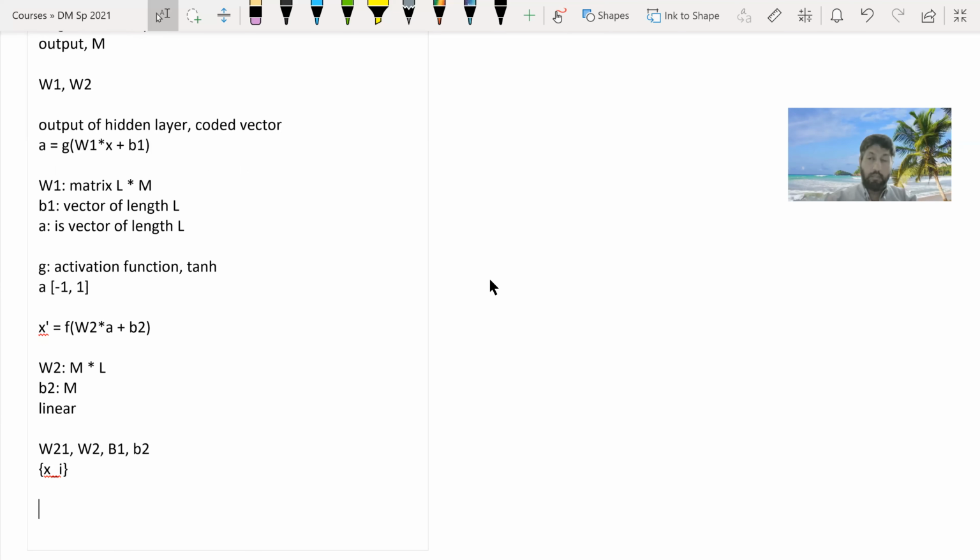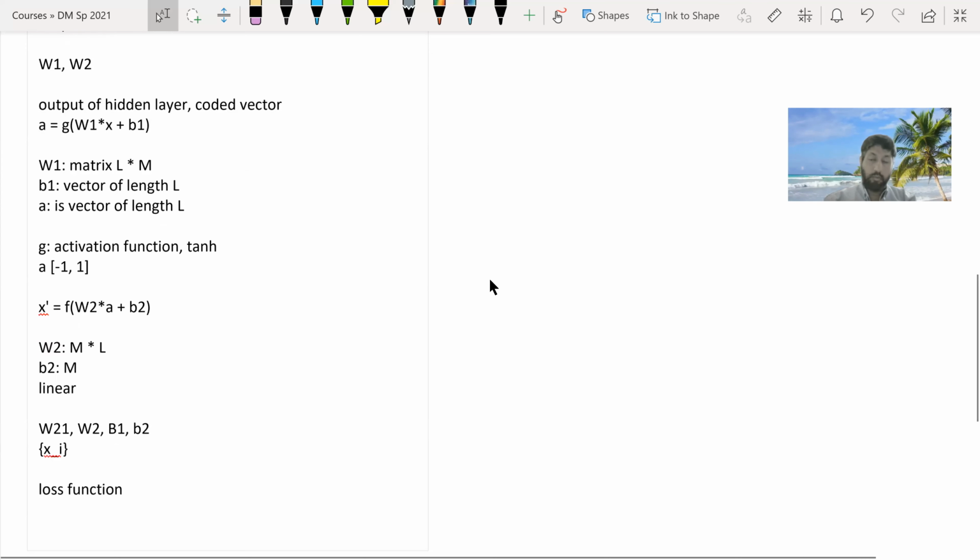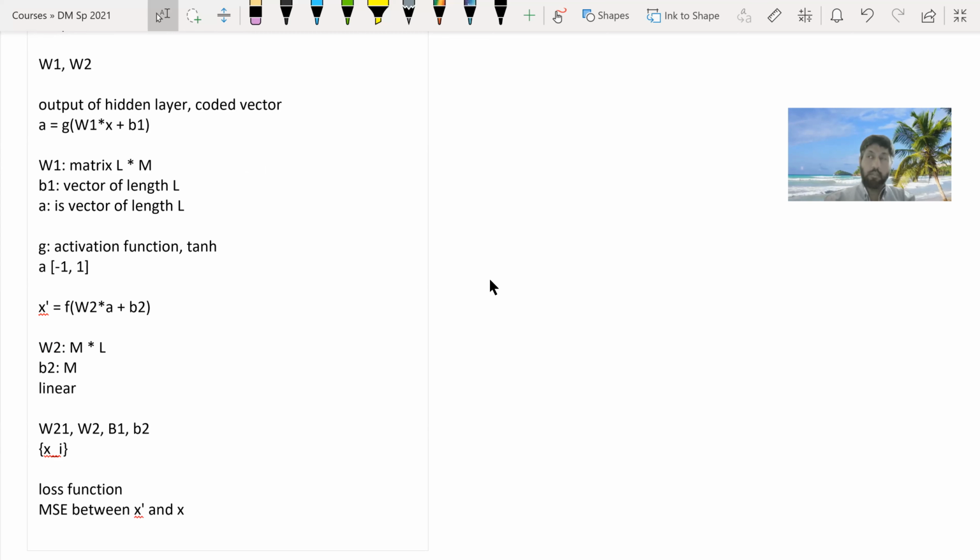So how do you learn this? At the end, you minimize a loss function. The loss function is usually the mean squared error between x prime and x. Sometimes the mean absolute error is also used. Okay?